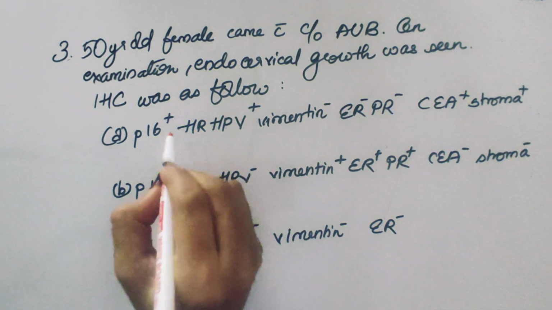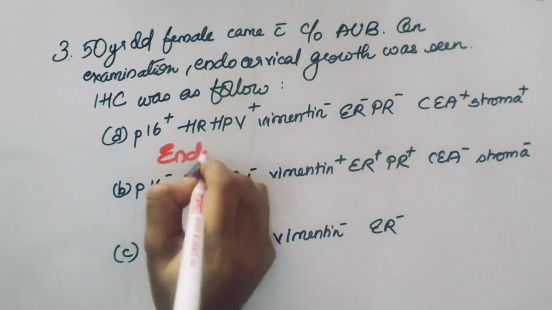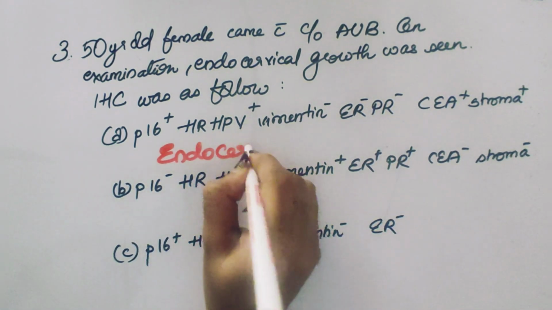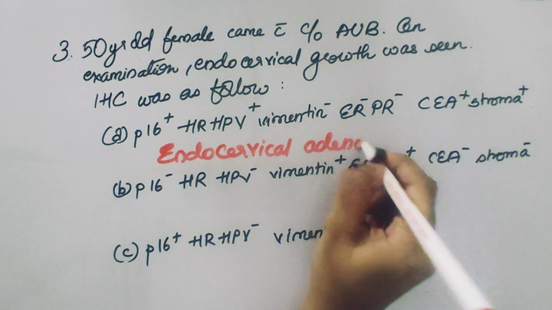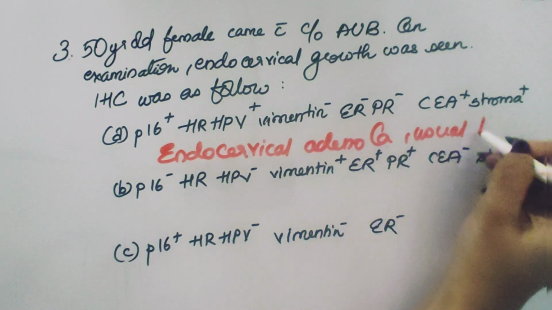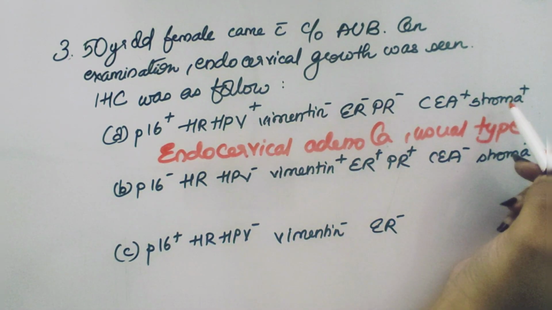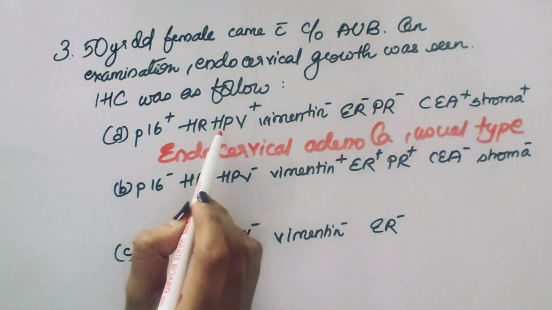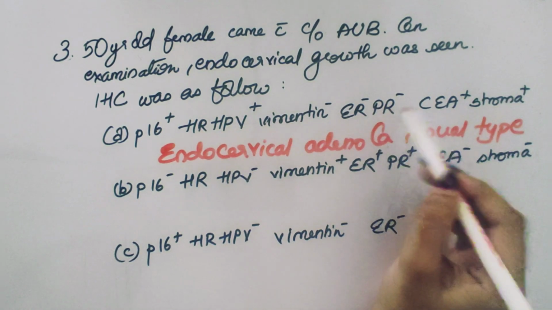So the answer is endocervical adenocarcinoma, usual type. Because I said there is abundant stroma, and then P16 and high risk HPV is positive, and all these markers are negative.